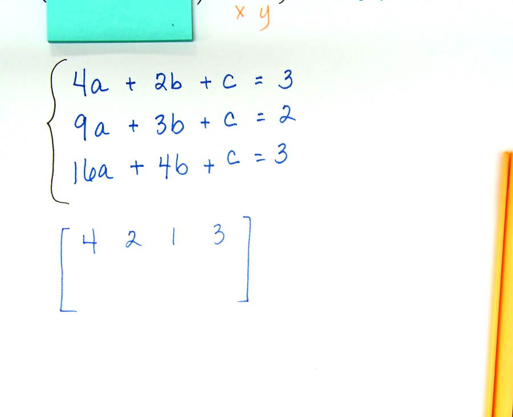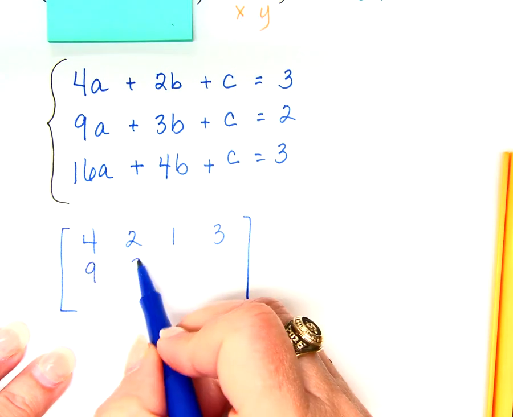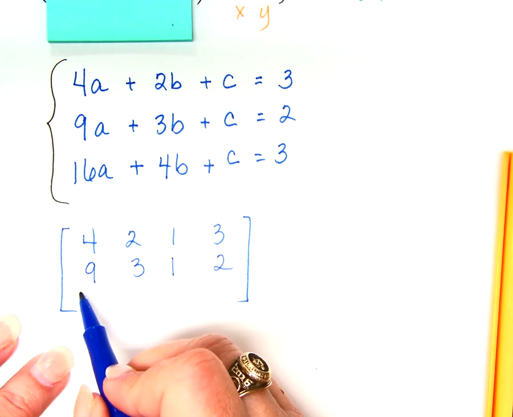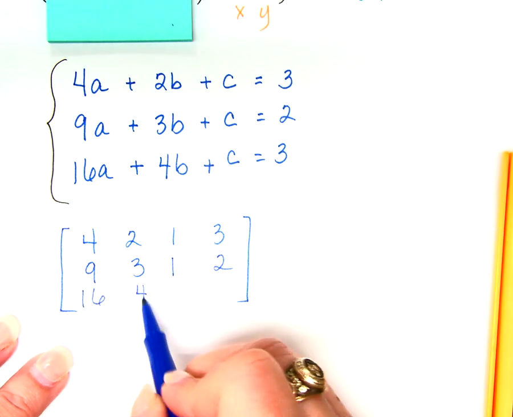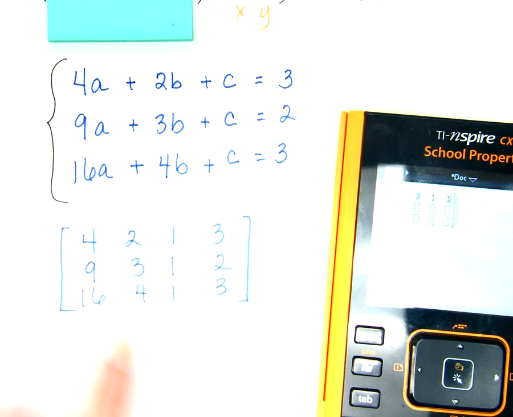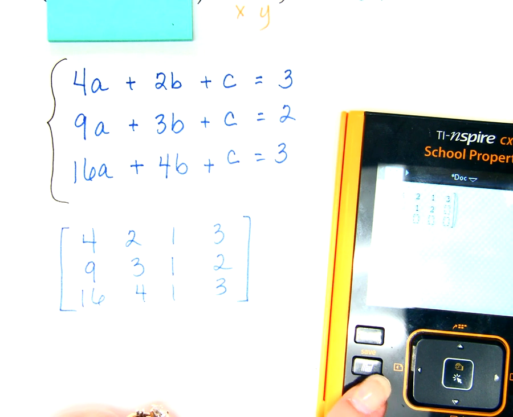What's my next row? 9, 3, 1, 2. And the last row? 16, 4, 1, 3. Excellent. So now I'm going to enter those rows into my matrix: 9, 3, 1, 2, and then 16, 4, 1, 3.